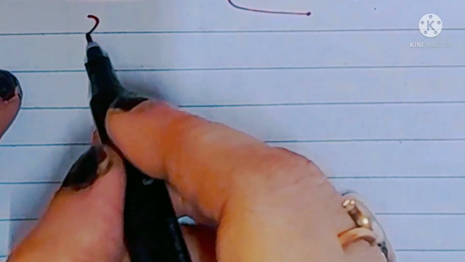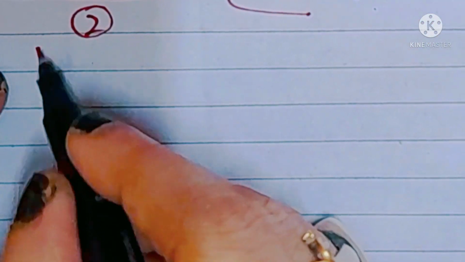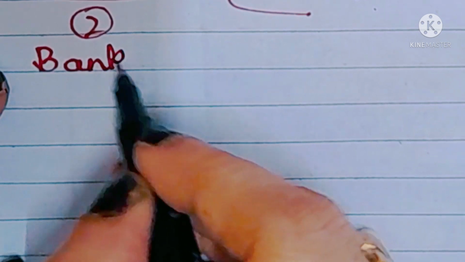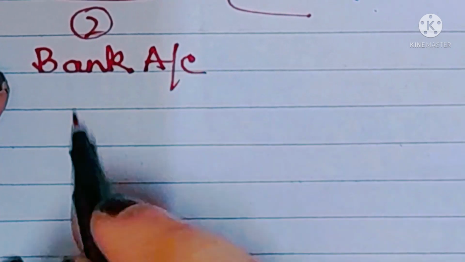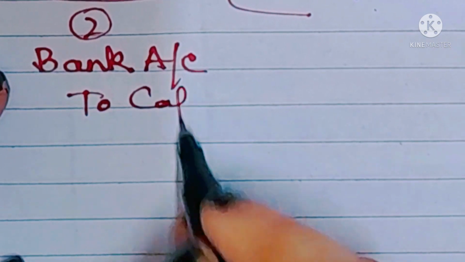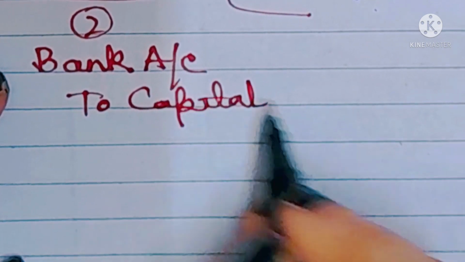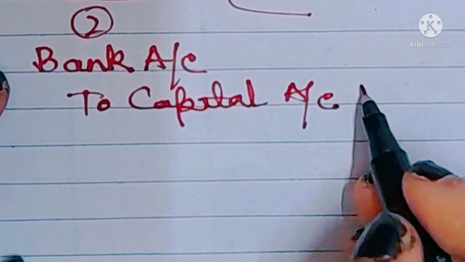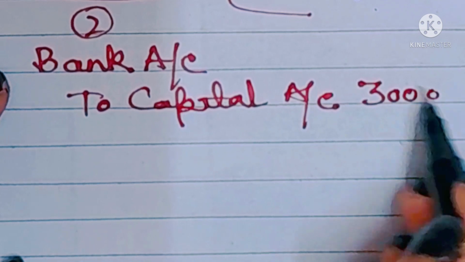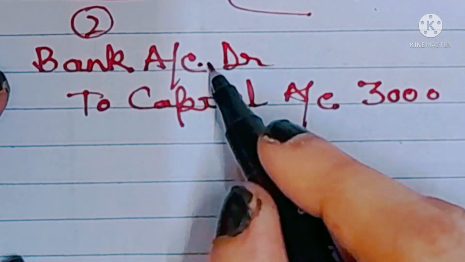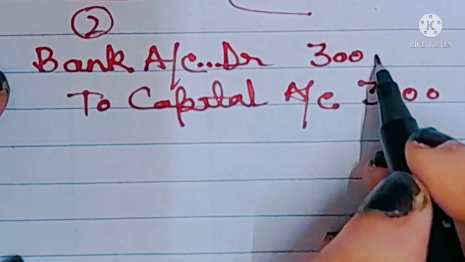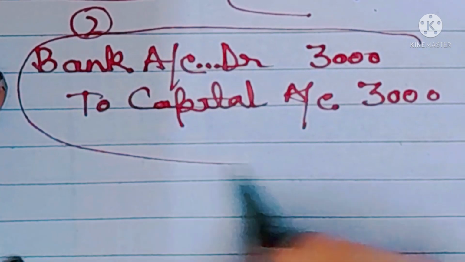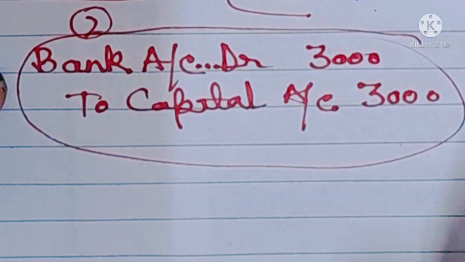What will be the other one? There will be another journal entry. Bank account to capital account 3,000. Understood? This is the second simple journal entry.